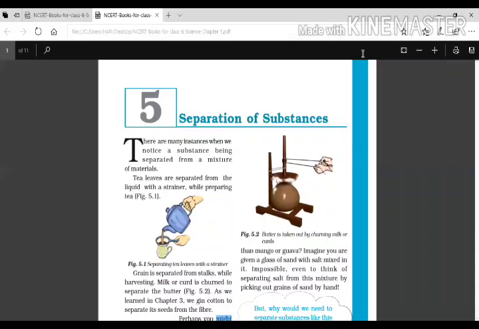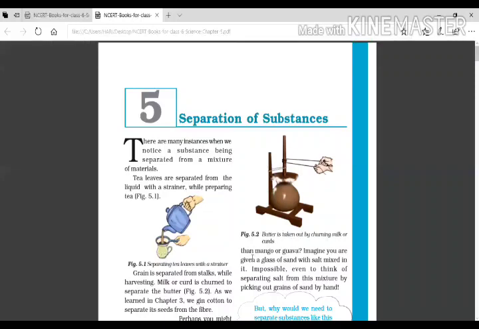In the second case, when we separate stones from the grains and pulses, they are harmful to us, so they should be separated. And in the third case, when the curd is churned to separate butter and buttermilk, we can use both the separated things separately. So in many instances in our daily life, we have to separate substances.